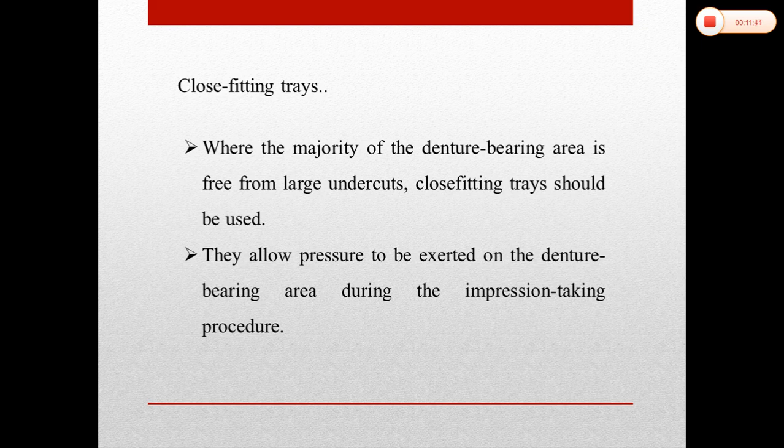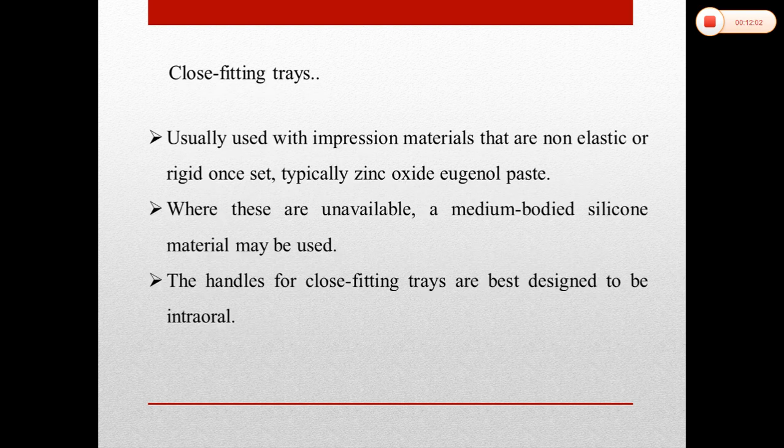You don't have to exert any pressure. Once you place the tray on top of the alveolar ridge, it just goes in smoothly without any interferences. So that is a close fitting tray.